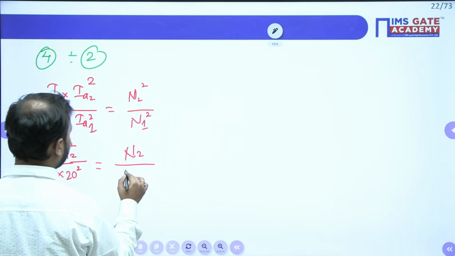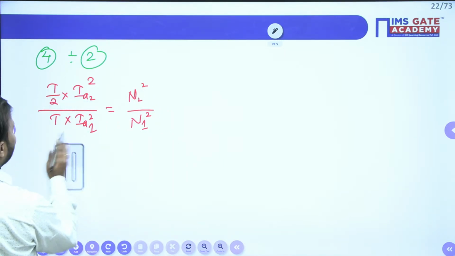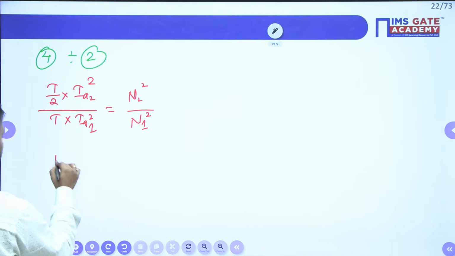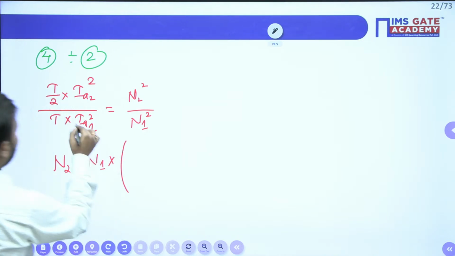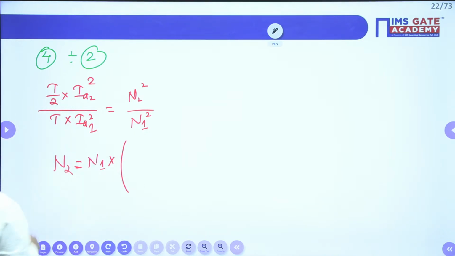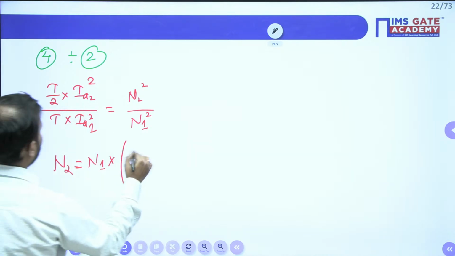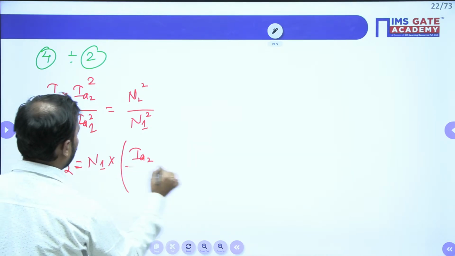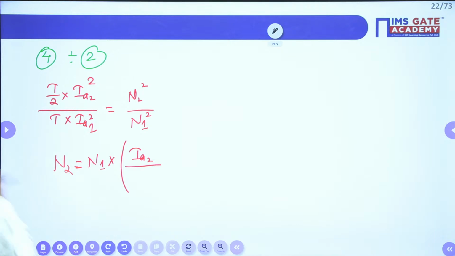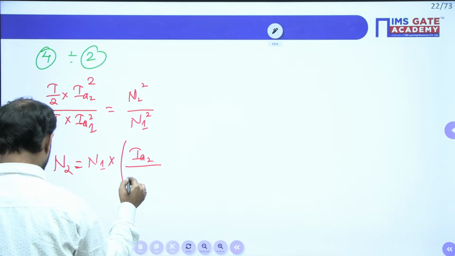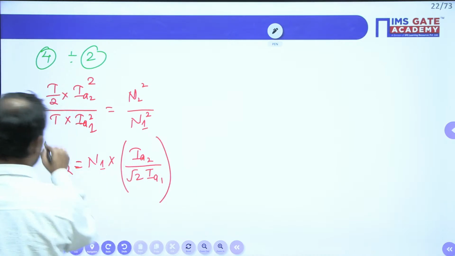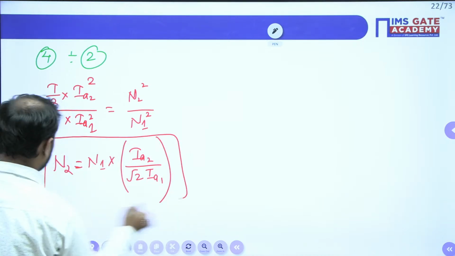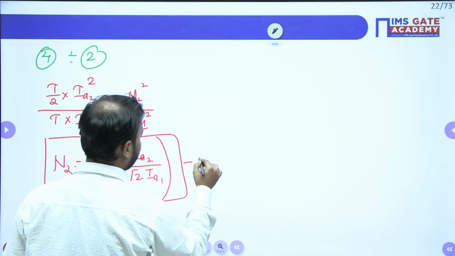Here it is better to write directly: N2 is equal to N1 times Ia2 whole divided by root 2 Ia1. Let me take this as equation 5.